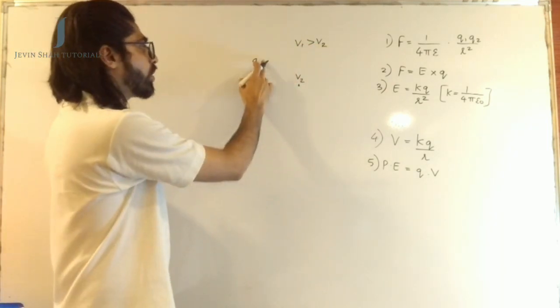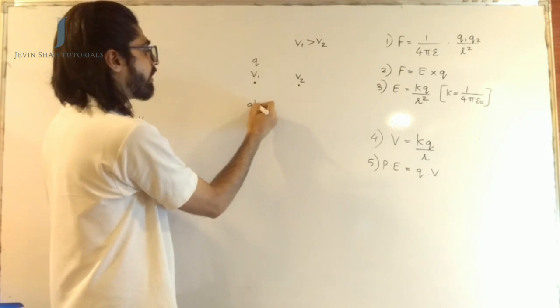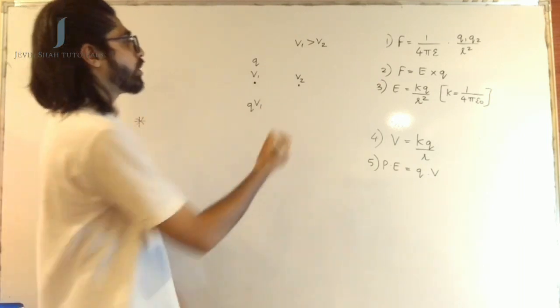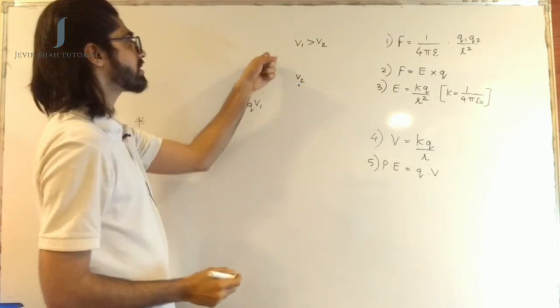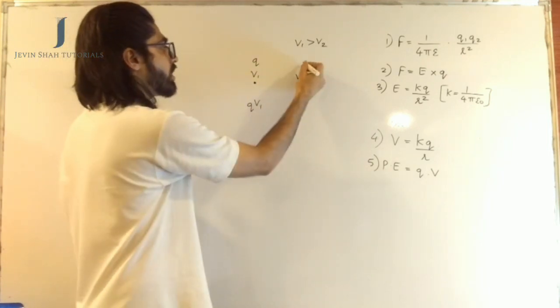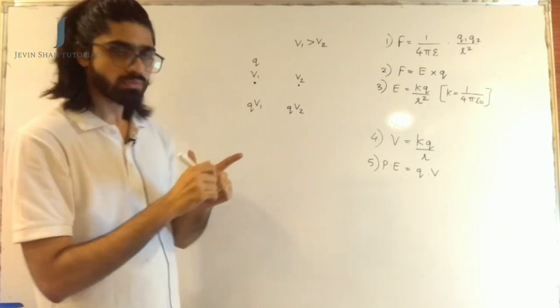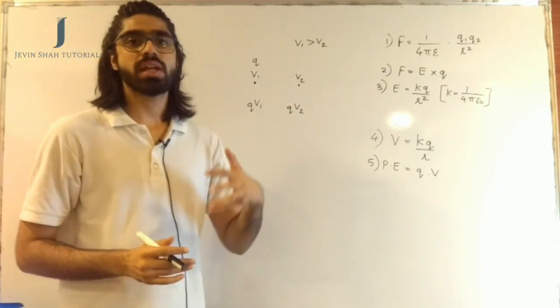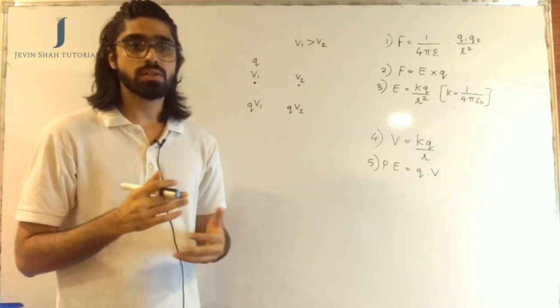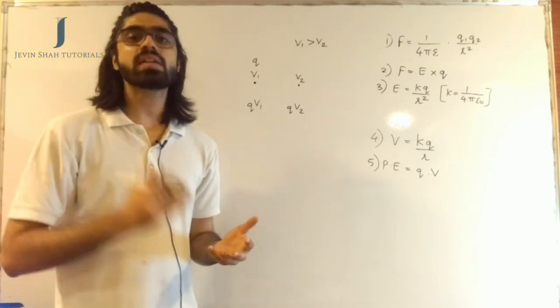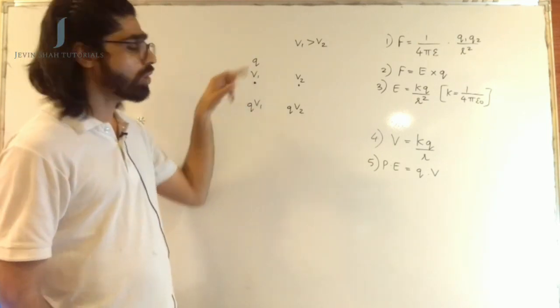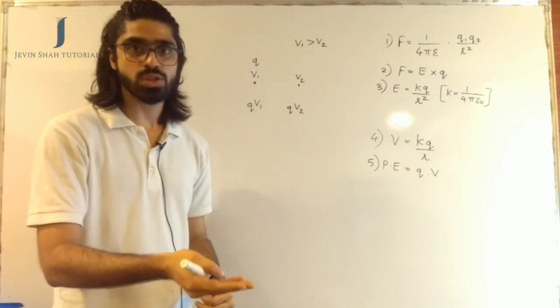The potential energy of Q at V1 will be QV1, and if you place the charge Q at V2, the potential energy of Q at V2 will be QV2. Everything in the world is trying to stabilize itself. That is, stabilize itself means decrease its energy. So the charge Q will also try to decrease its energy.